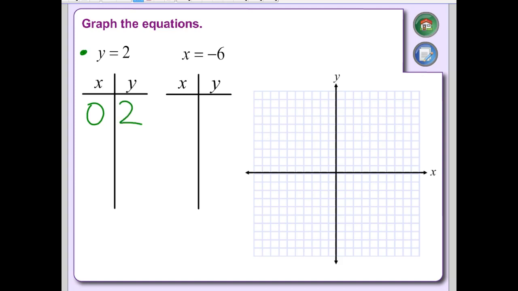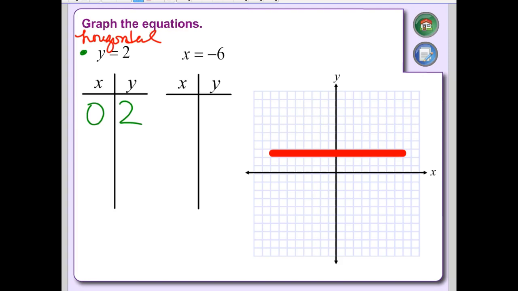So let's look at my graph over here. Where does y equal 2? Well, remember, y is the vertical going up and down. So here's where y equals 2, and we're going to find out that everywhere on that grid line is where y equals 2. And so we're going to see when all we have is y equals, that y equals means I have a horizontal line.